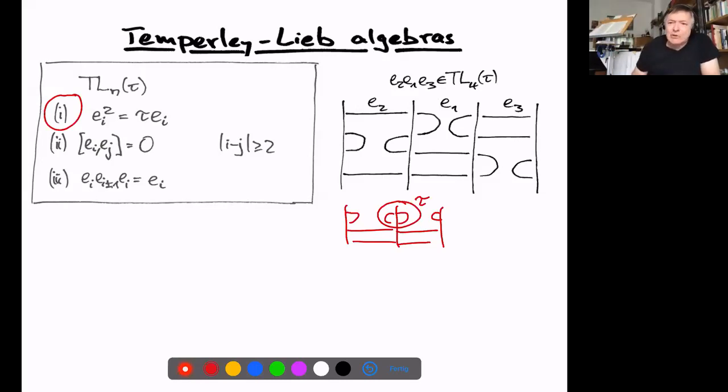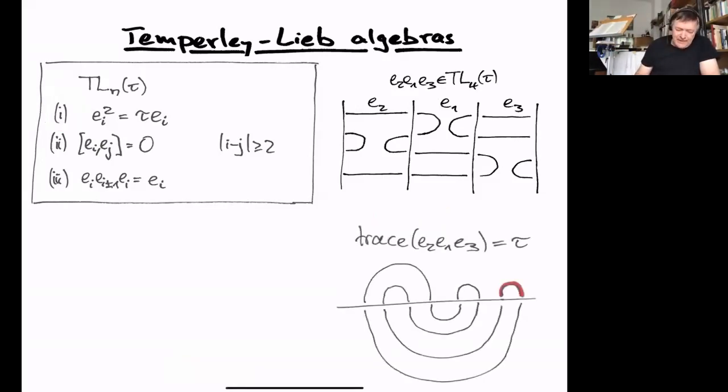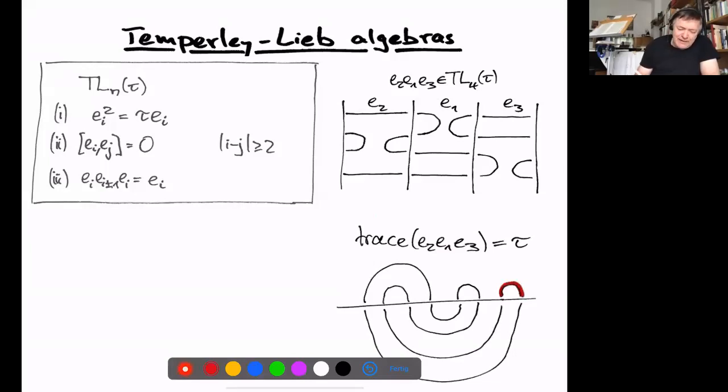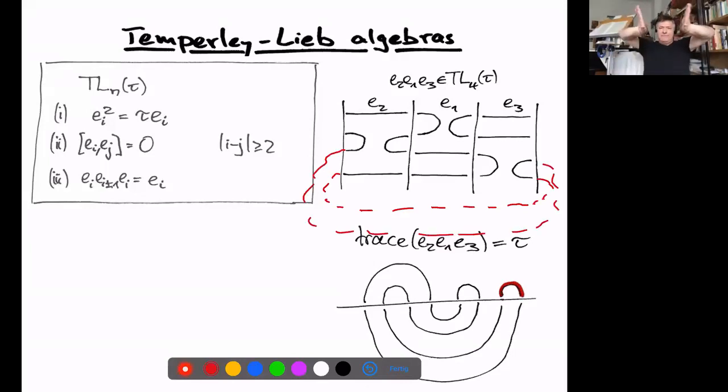What has this got to do with meanders, if anything? Well, that's down here. If you take a trace operation, this means you connect this diagram on the right and on the left. So you're taking the right and left boundary and opening it up downwards so that you get outside here a rainbow.